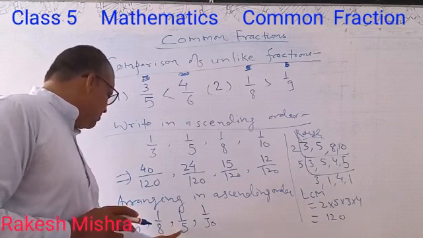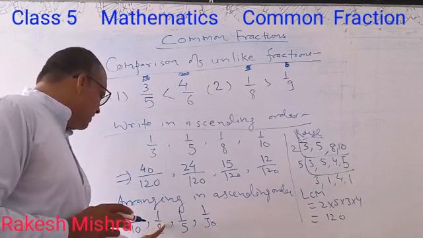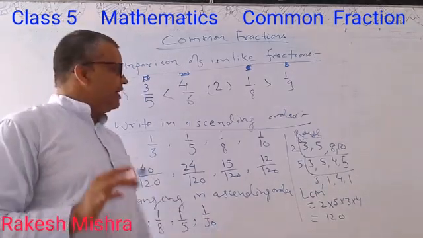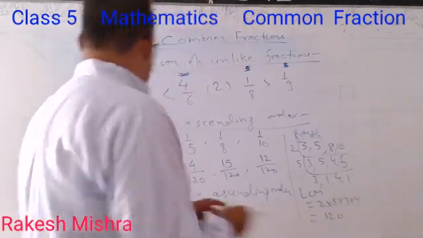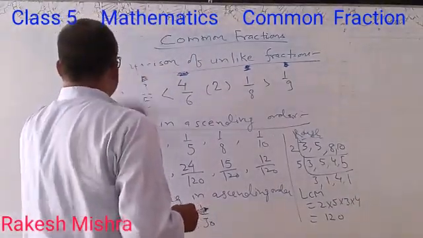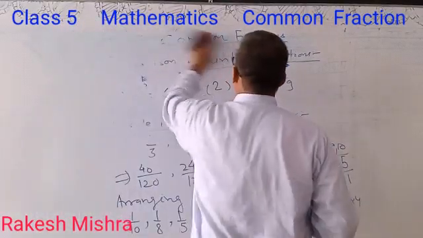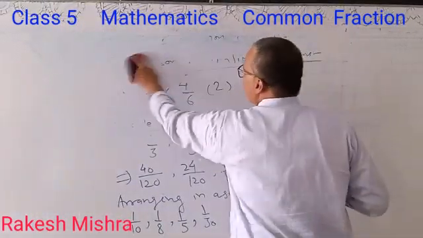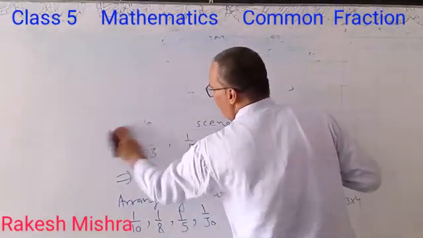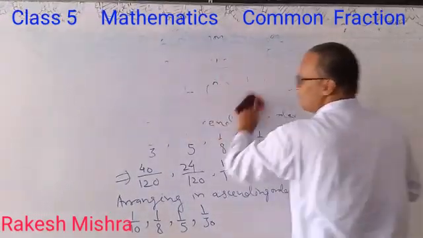After that this will be written, after that this will be written, and at last this. And that will be your answer in descending order. Now I think that you have a better concept about comparison of unlike fractions.